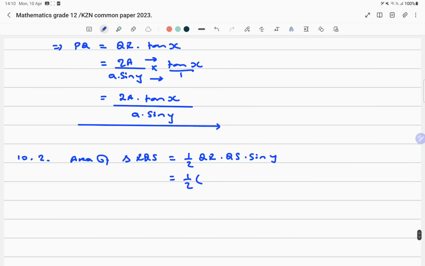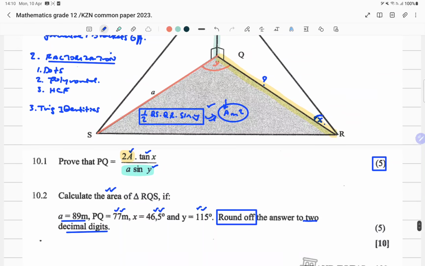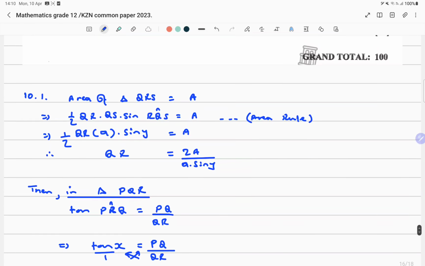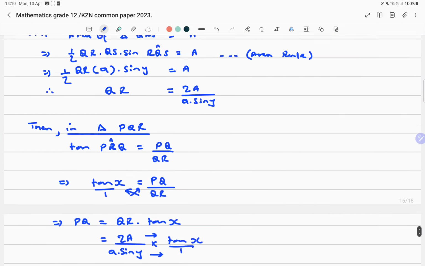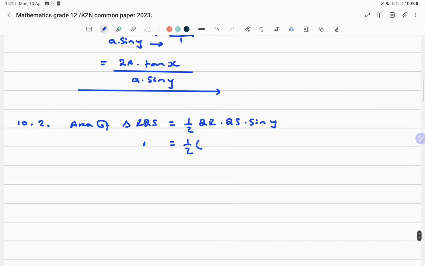Okay, but we're going to be smart about it anyway, because we know that the area there is A, right? This implies that A is equal to, what is going on here? Yeah, it looks crazy, but let's go on.